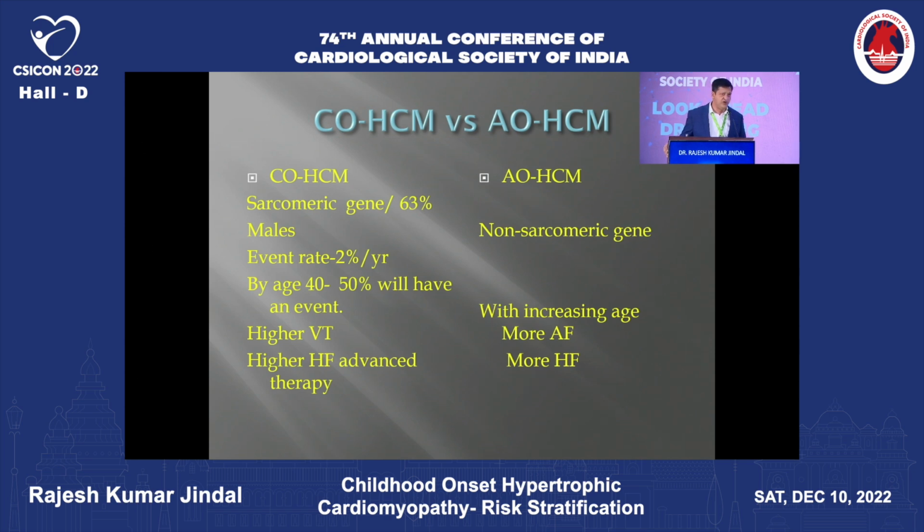So very high chances of untoward events in the natural course of their disease process. So higher ventricular tachycardia and also a higher need for advanced heart failure therapy, in the form of mechanical assist devices or heart transplant, in the childhood onset variant.